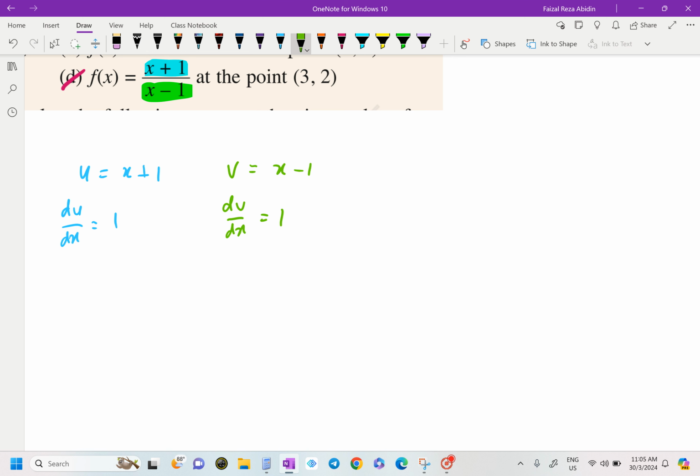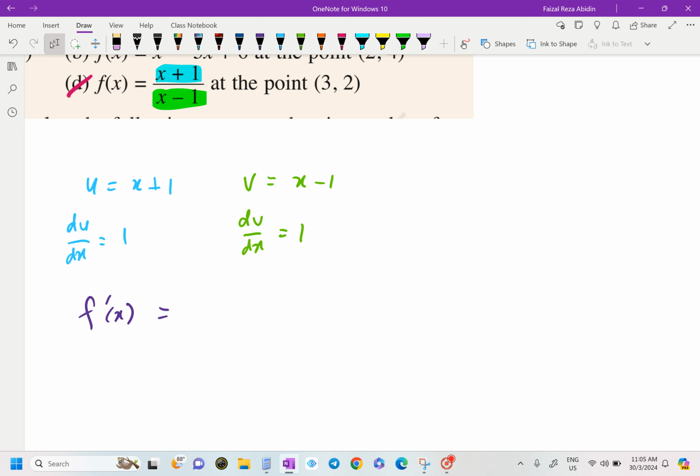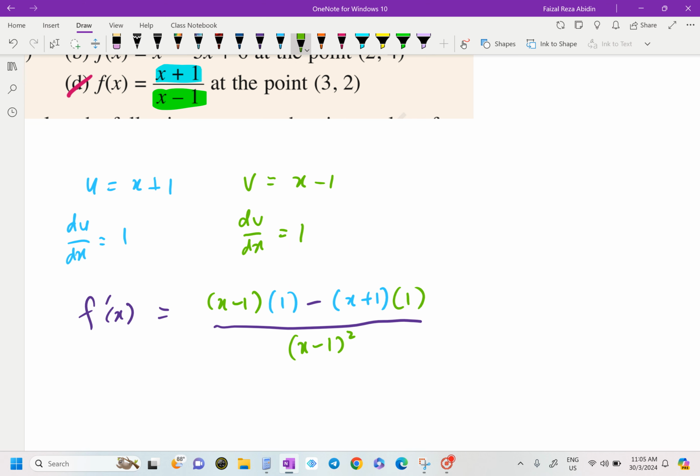So I'm going to do my first differentiation over here. What I'm going to get is v du/dx minus u dv/dx over v squared. So I get x minus 1 with du/dx is 1, minus u, which is x plus 1 with dv/dx is 1, over, be careful with our v squared, so you're going to get x minus 1 squared, right?